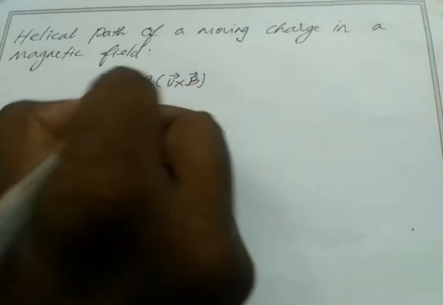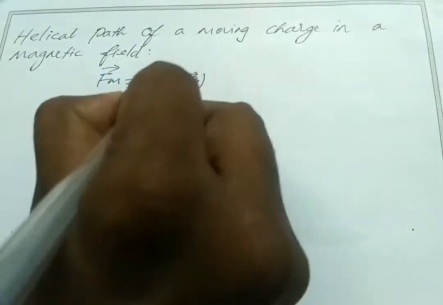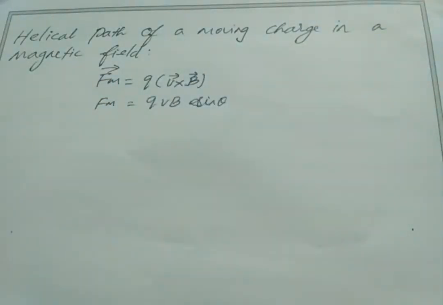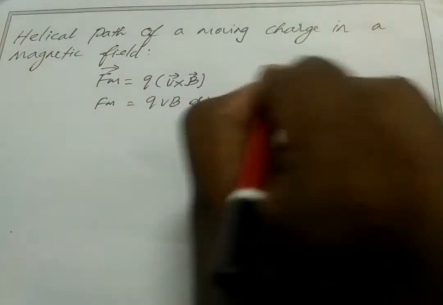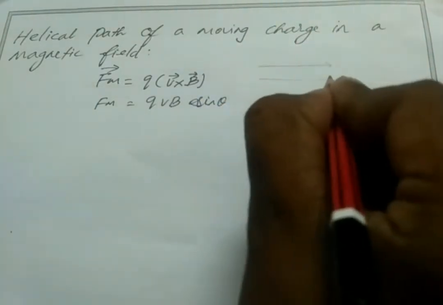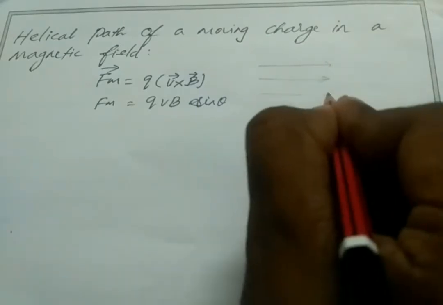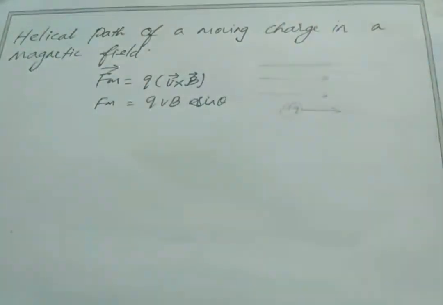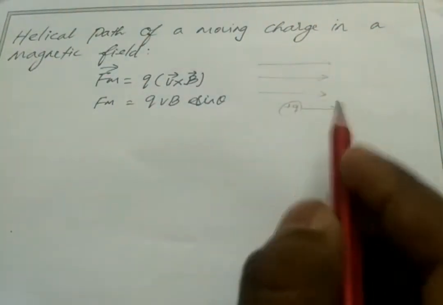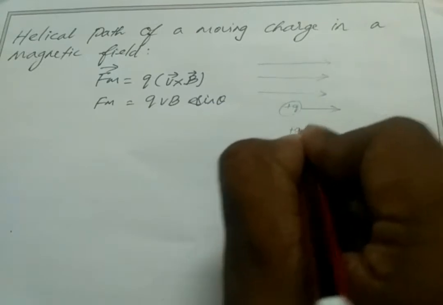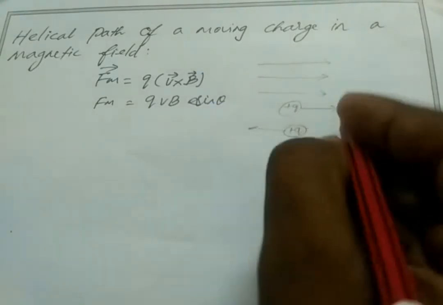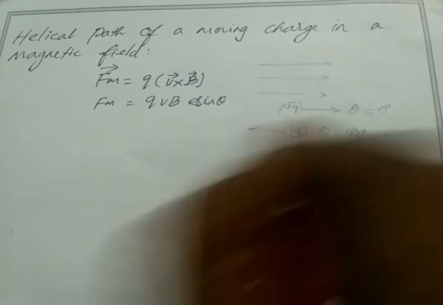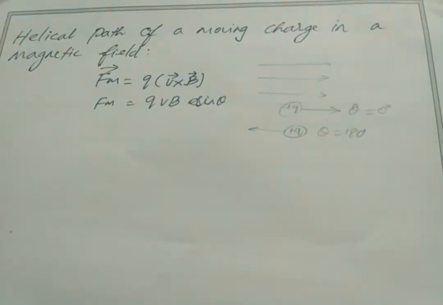So further we can write qvb sin theta. If a charged particle moves parallelly or anti-parallelly with a magnetic field, then it experiences no force, right? If it moves parallelly, theta equal to 0 degree, and if anti-parallelly, theta equal to 180 degree, then our answer will become 0.